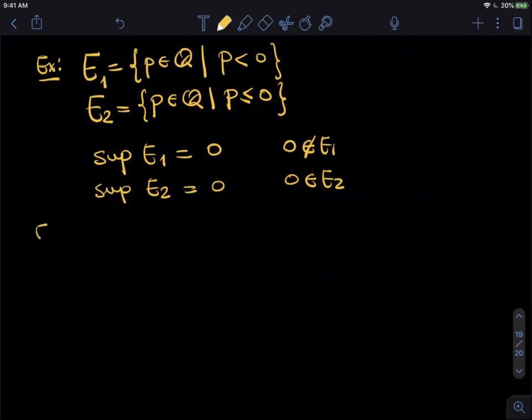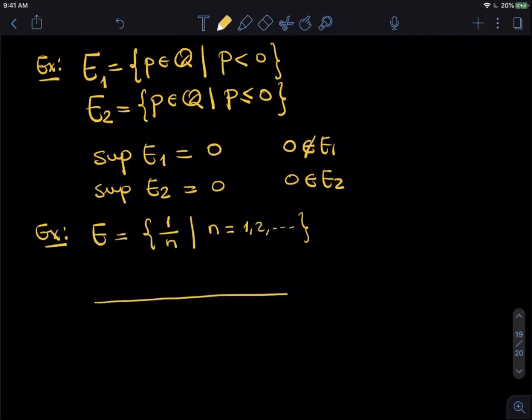Another example, let's say we have E, that is the set of all numbers of the form 1 over n, where n is a natural number. So what is the supremum here? We can plot it if we wish. They are all going to be positive, and then 1 over 1 is 1, then 1/2, 1/3, 1/4, and so on.